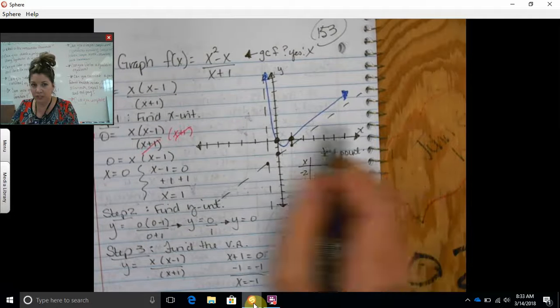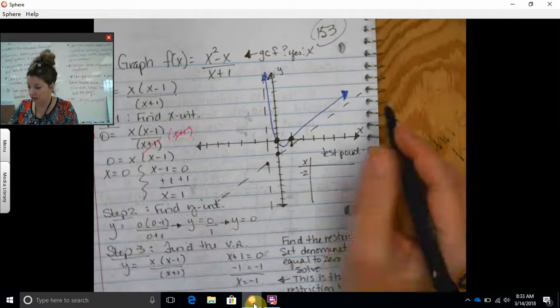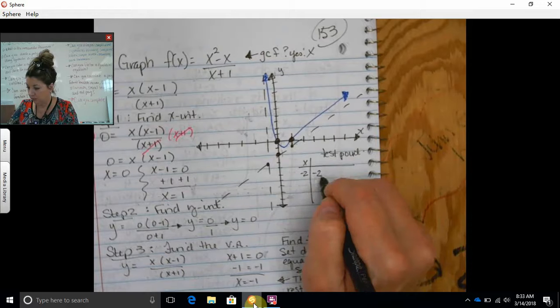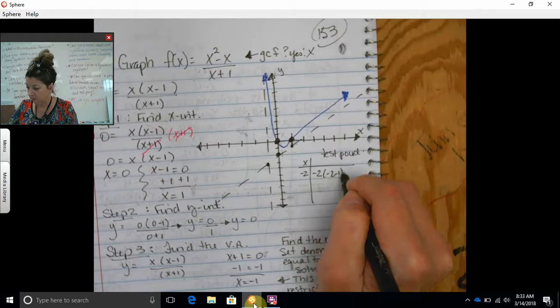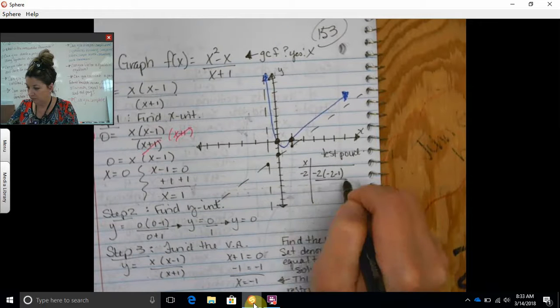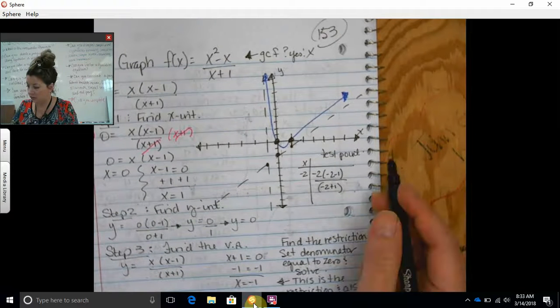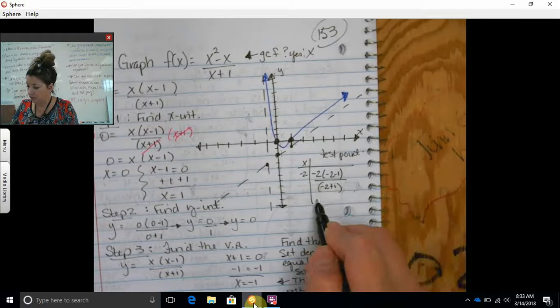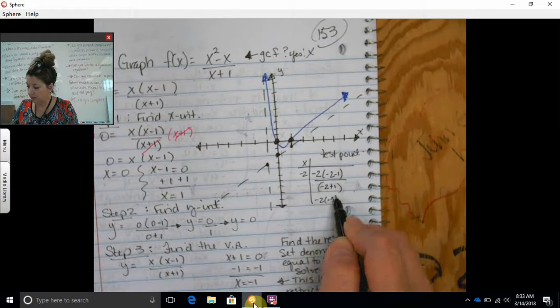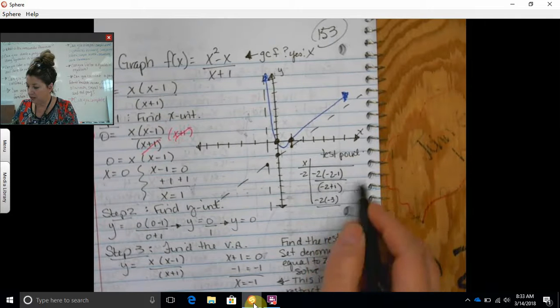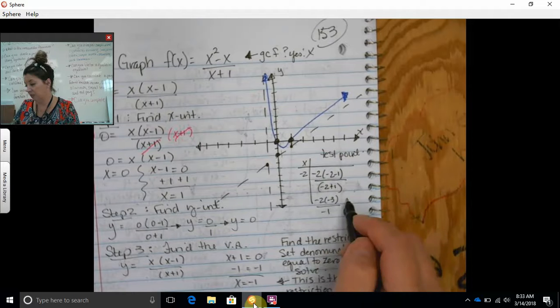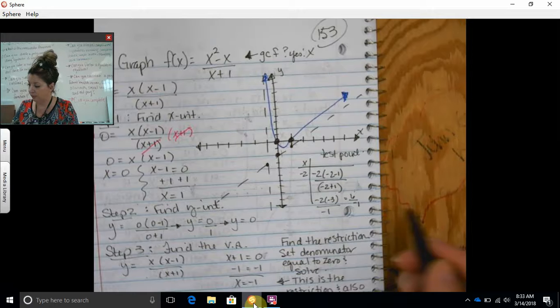And I'm going to put it into factored form. You could do factored or standard. So wherever I saw an x, I substituted in -2. So that gives me -2 times -3 divided by -2 plus 1 is -1. -2 times -3 is +6 divided by -1.